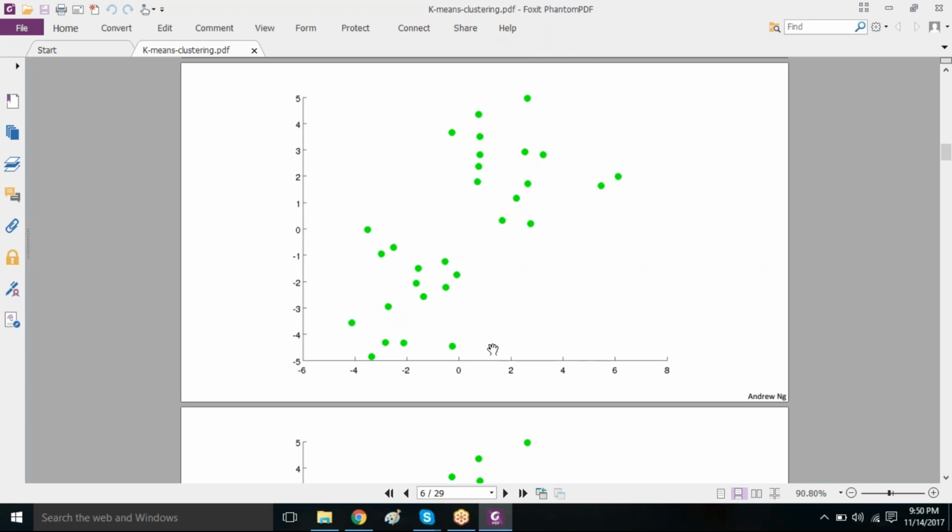So how does this k-means algorithm find the clusters in the data? That's important and interesting to understand. Let us start with what it does. As I told you, first of all, in k-means you have to give the k.